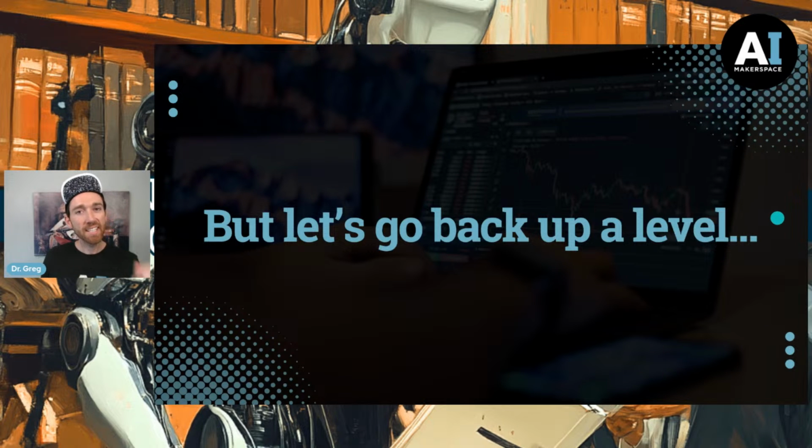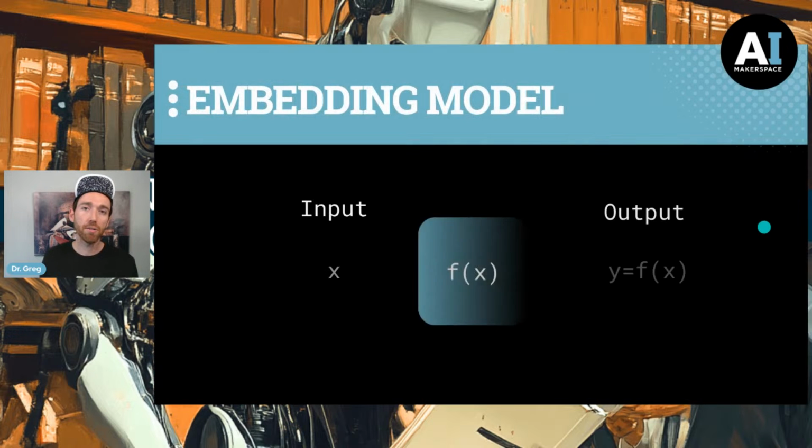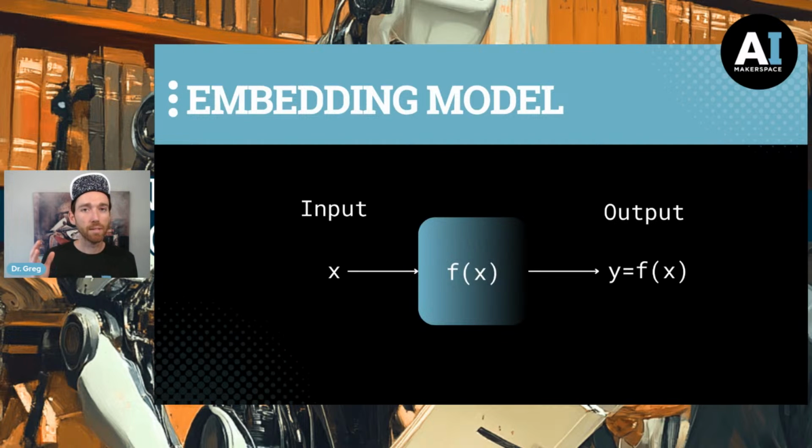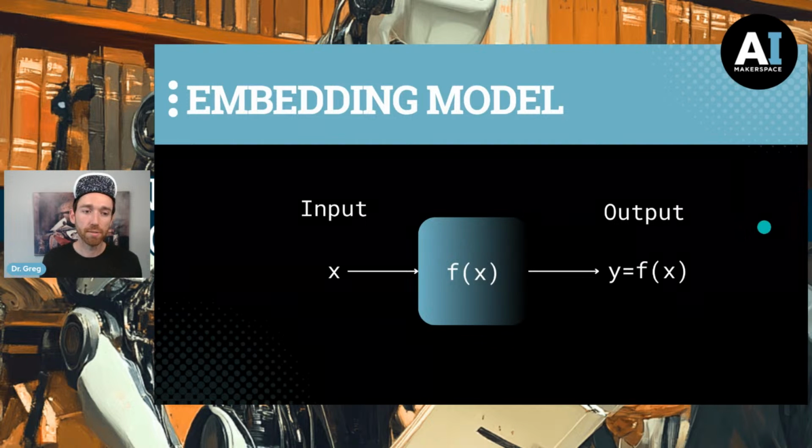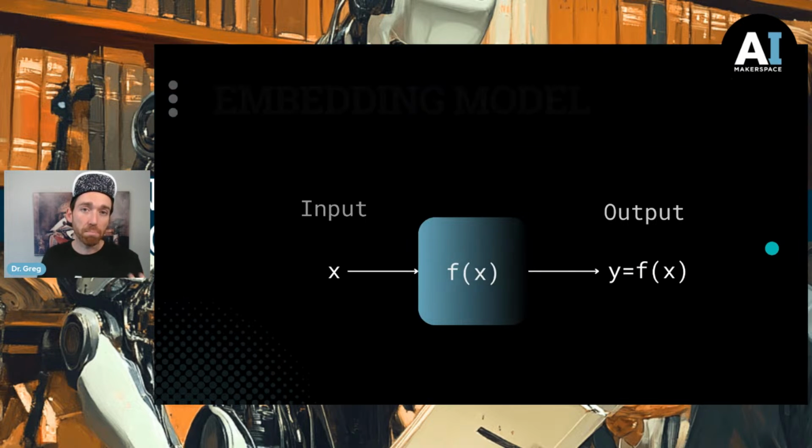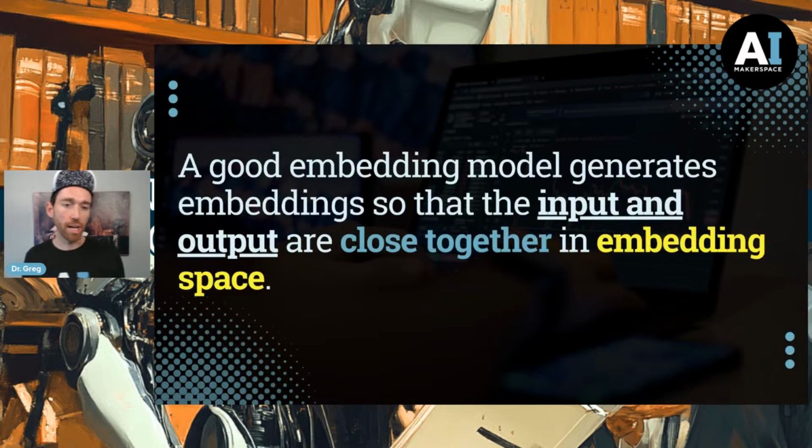One of the things that is the same about embedding models and any large language model is that you have some input and you get some output. A good embedding model is one that generates embeddings so that the input and the output are close together in embedding space. This is how we should think about embedding models being trained.